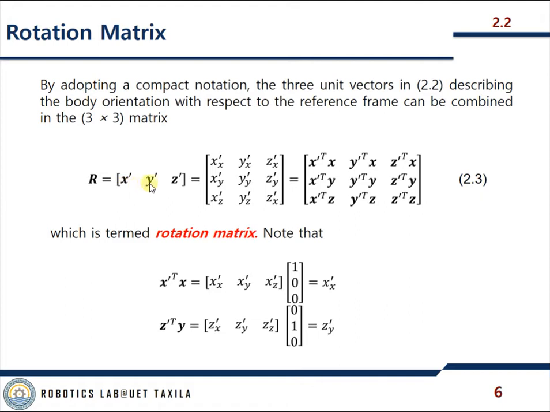Representing these unit vectors with respect to the base frame is done by using a rotation matrix. The matrix we obtain by doing this is called the rotation matrix.